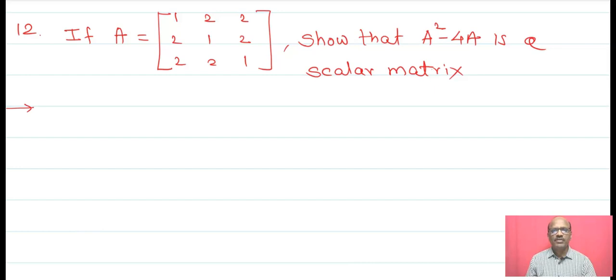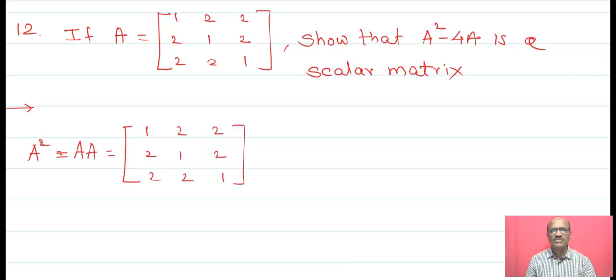Now we'll form their product, A into A, that is 1, 2, 2, 2, 1, 2, 2, 2, 1, again 1, 2, 2, 2, 1, 2, 2, 2, 1.